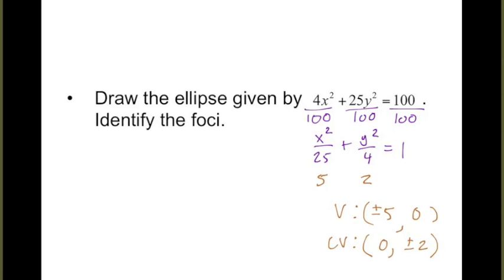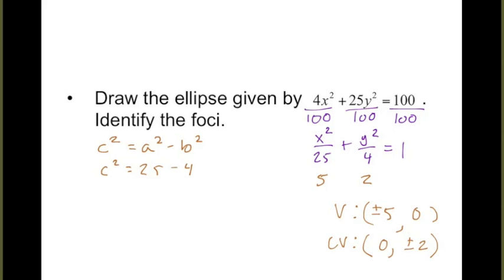To find the foci, we need the equation c squared equals a squared minus b squared. We don't know c squared because that's the focus number and that's what we're going for here. A squared and b squared are the numbers in the equation. So 25 and 4.